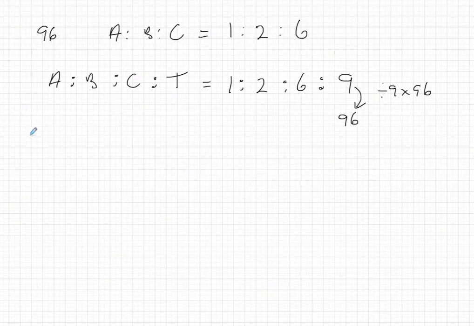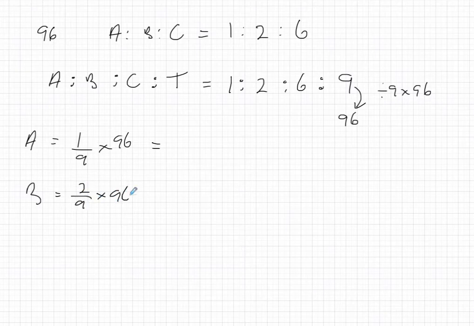So A is going to get 1 divided by 9 times 96, B is going to get 2 divided by 9 times 96, and C is going to get 6 divided by 9 times 96. So this is 96 over 9.